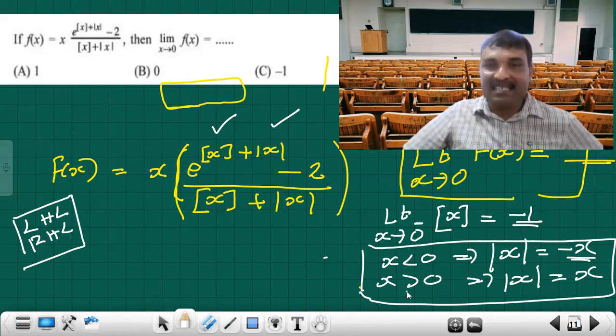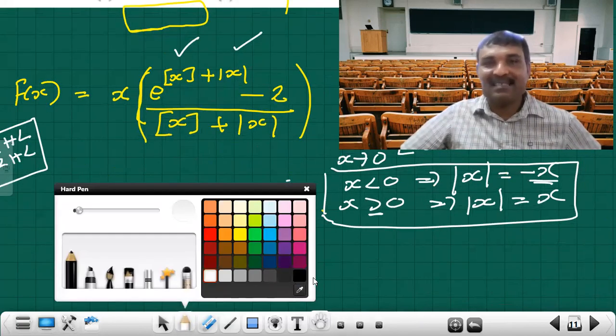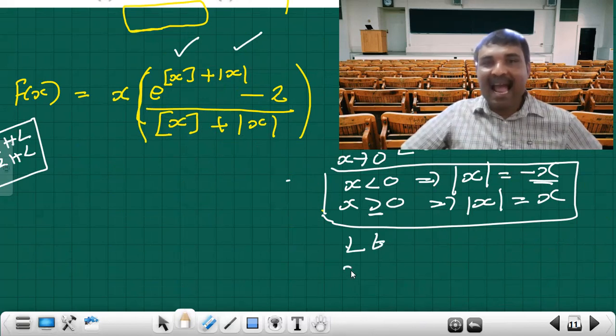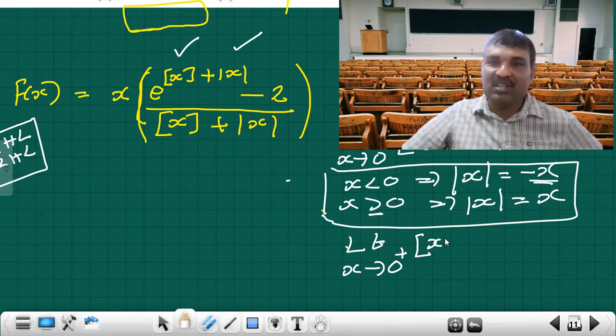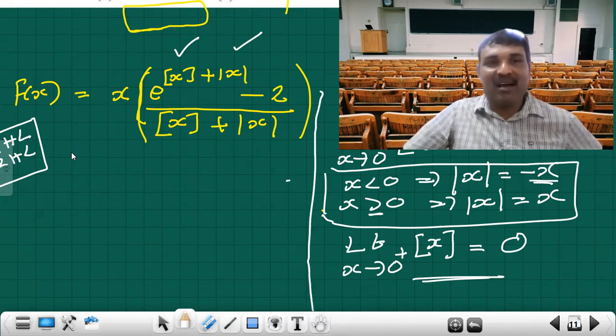Then what will happen? Limit x tends to 0 plus, the greatest integer function of x is equal to 0, right? So we got all the preliminary prerequisites, right? Now we can directly evaluate the left hand limit and right hand limit.